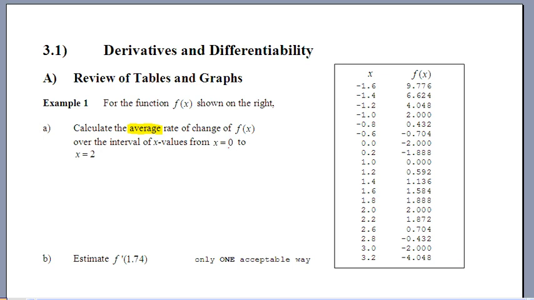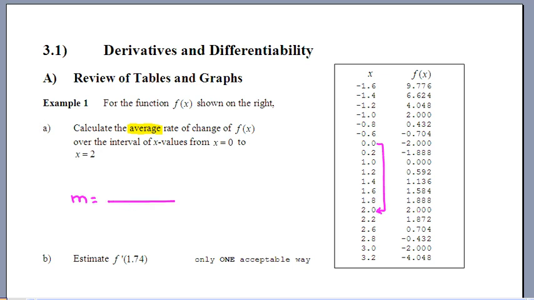So this first question has an interval from 0 all the way to 2. So just looking at the x values, that's going from there all the way down to there. So a really large span of x values. Not a derivative here at all, just an average slope, kind of a grade 10 deal. And if you're asked to do this, it's nothing more than grade 10, where we're going to look at the difference in y values and divide by the difference of the x values.